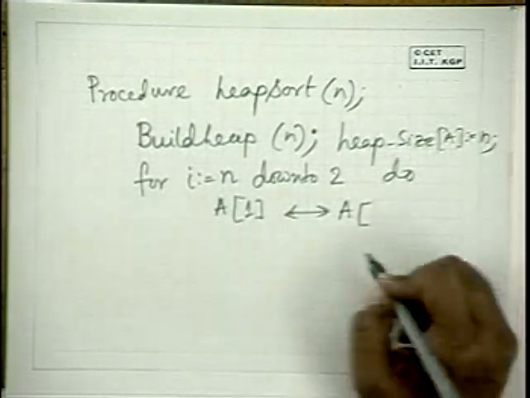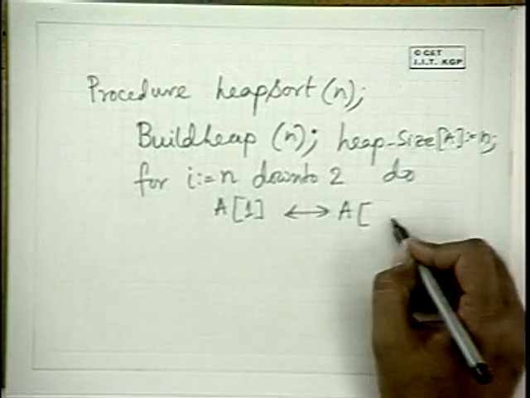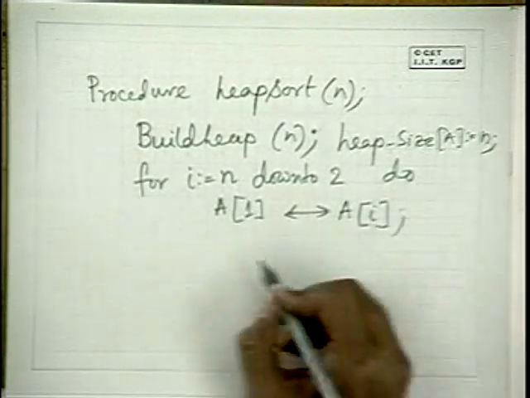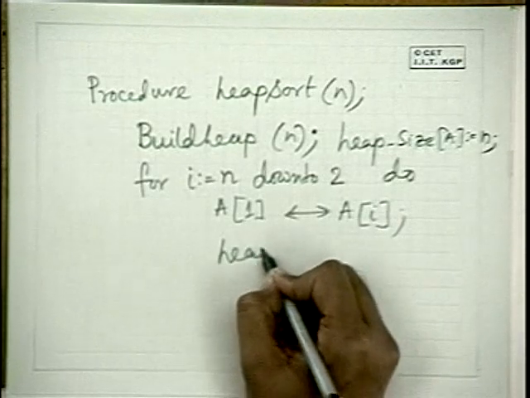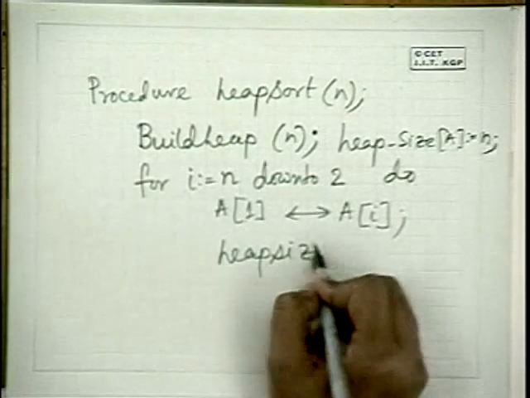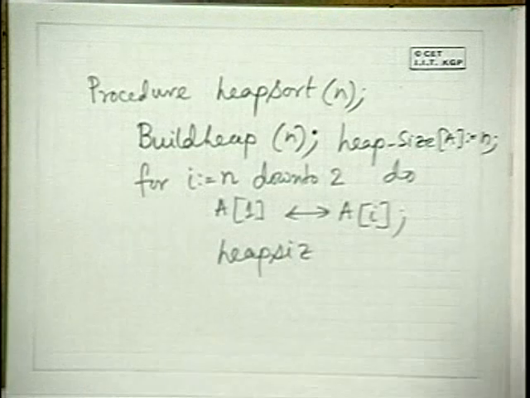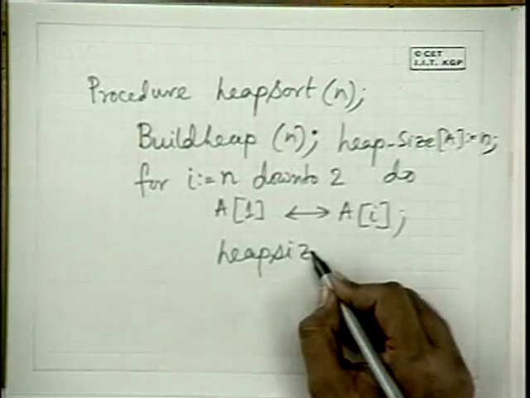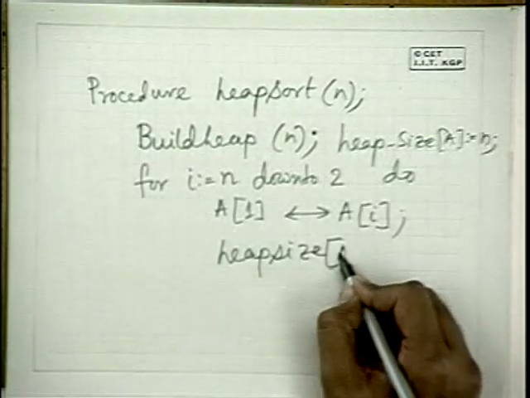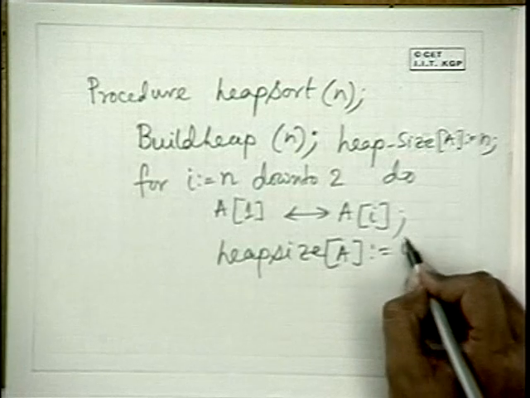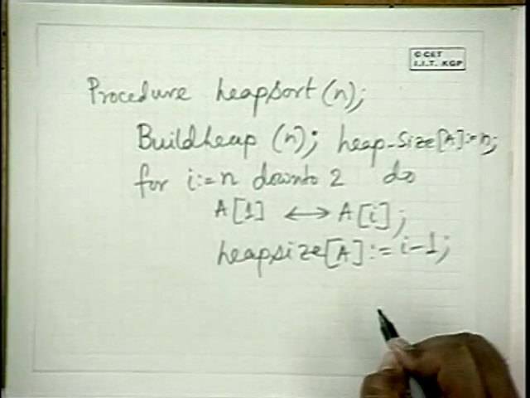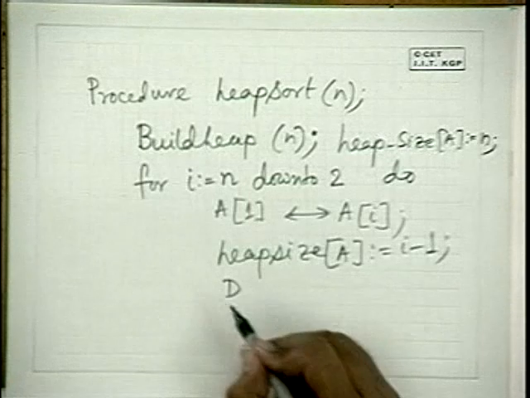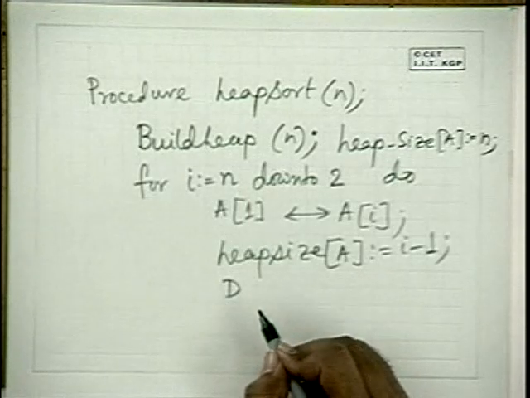There is an i here. i is varying. Right? Then what should I do?